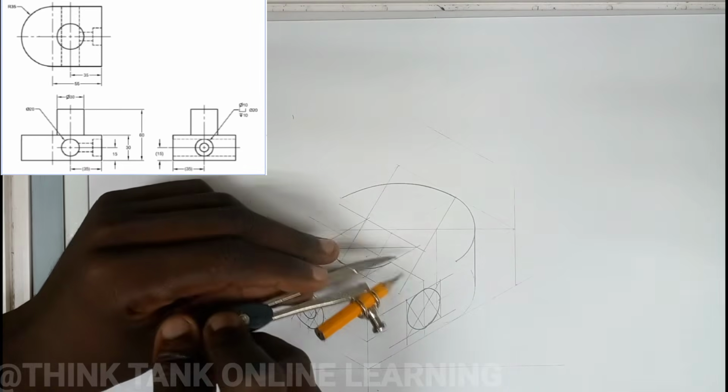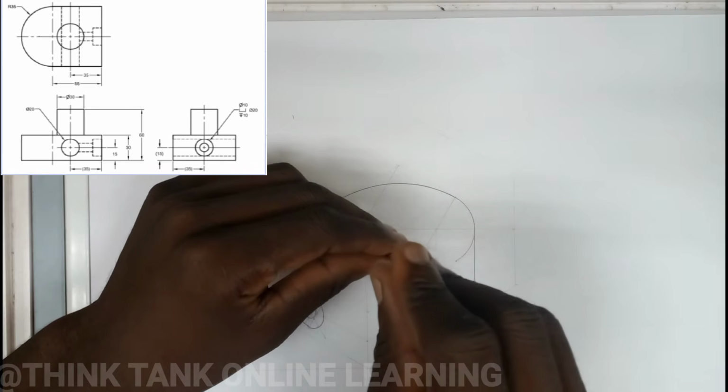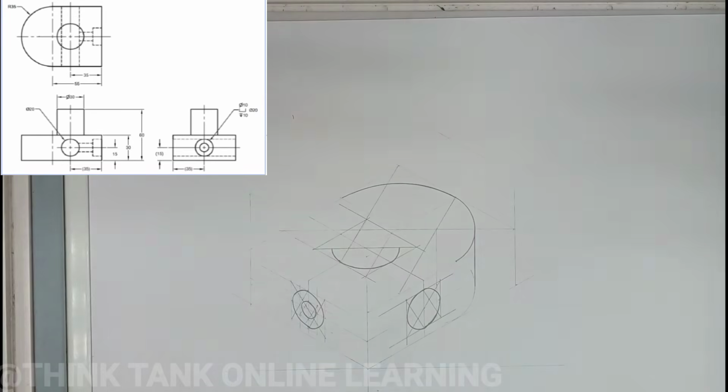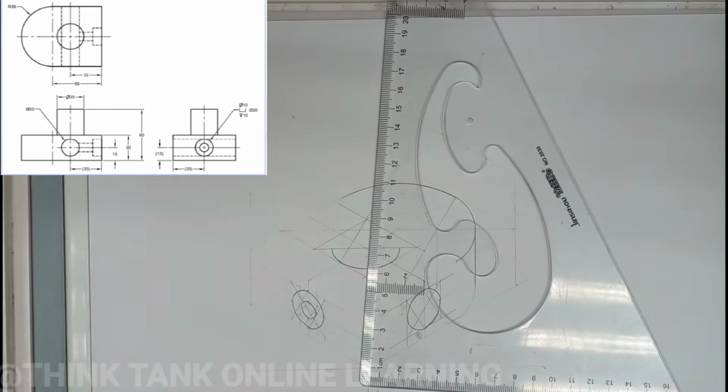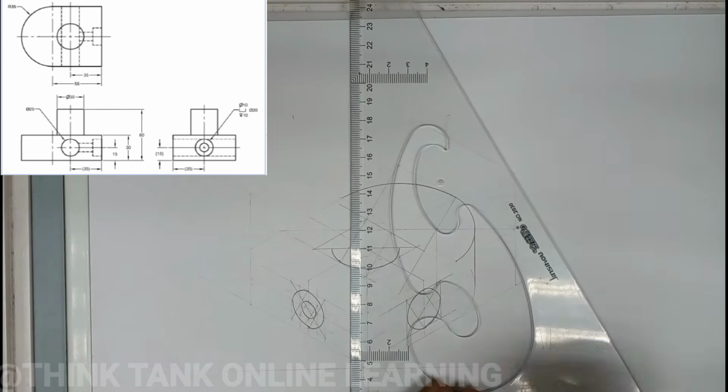Okay, I'm going to do the same here. Okay, then after this I am going to project all my center points upwards. Okay, this is the short method of drawing a cylinder.